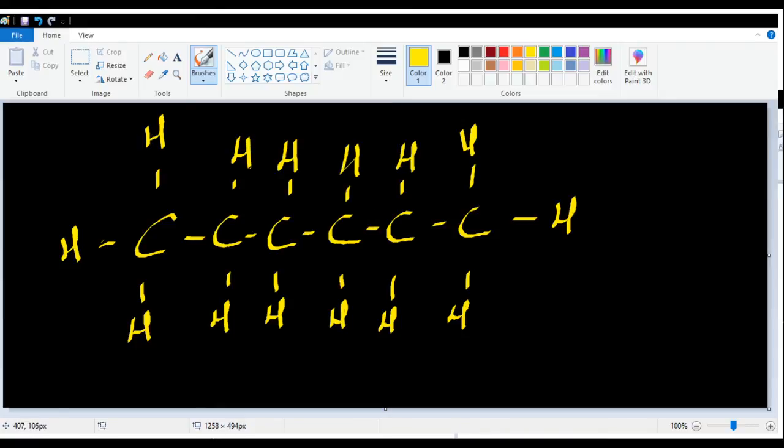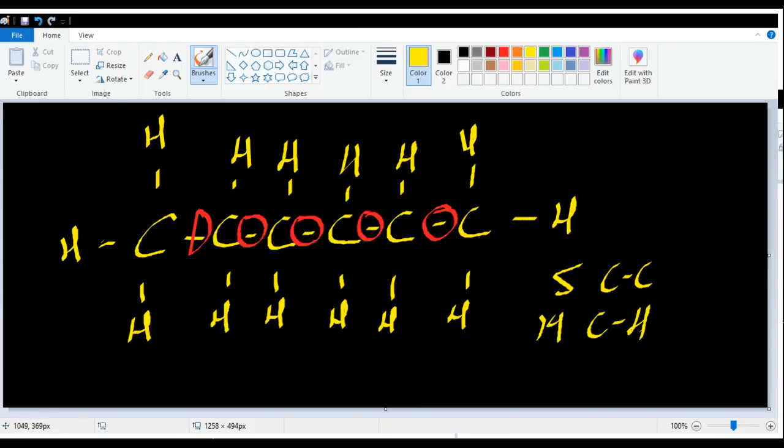All right, so that is what hexane looks like. It's going to have 5 carbon-carbon bonds. I say 5 because there's only 5: 1, 2, 3, 4, 5. Easy mistake to make. And then there are going to be 14 carbon-hydrogen single bonds. So that is an exercise for you to do this problem yourself.